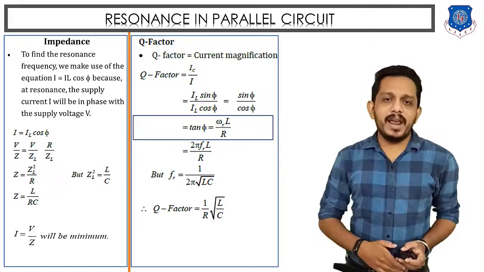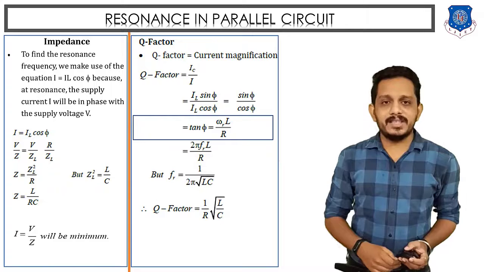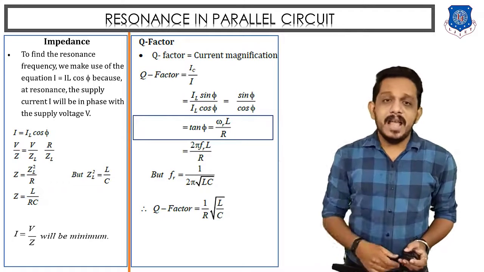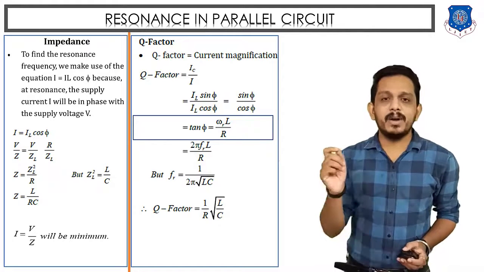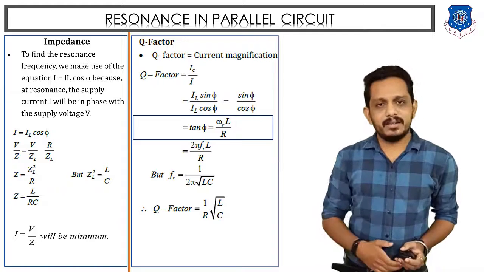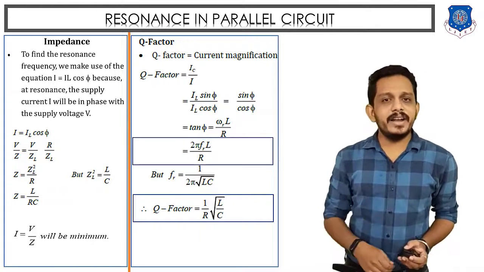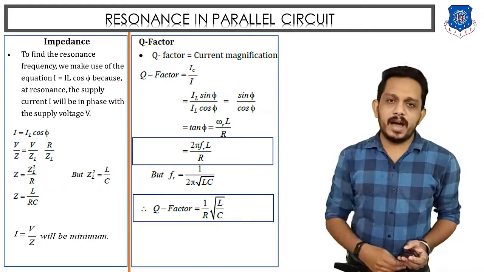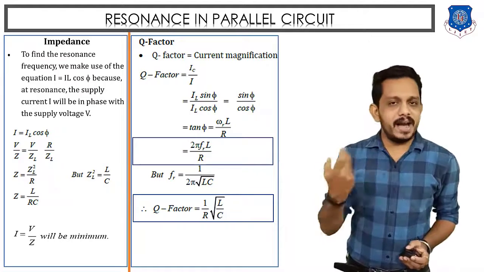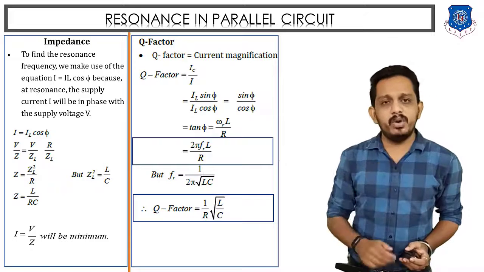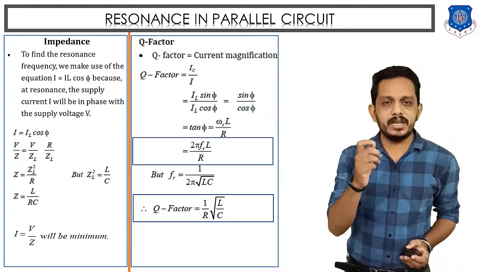So this tan phi has the equation XL by R, and this XL by R is nothing but omega L by R. So if you put the value of omega L in this equation, then it will be 2 pi FL upon R. Here 2 pi L by R is constant, so you only need to put the value of the resonance frequency in this equation.